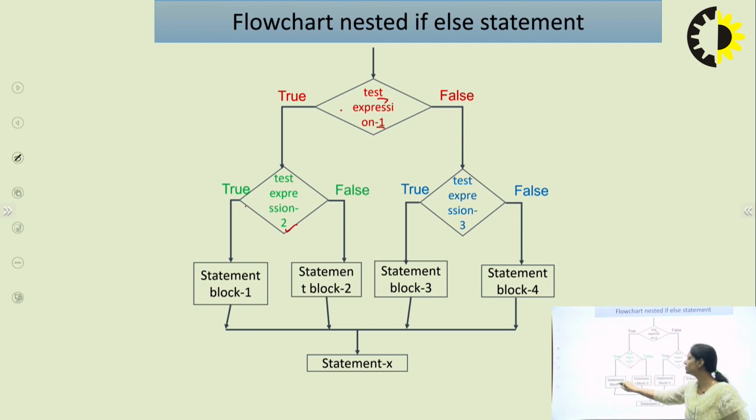When this is true, statement block 1 will be executed, and if it is false, statement block 2 will be executed. Similarly, when test expression 1 is false, again the expression will be checked. If it is true, then statement block 3 will be executed. And if both the conditions are false, then statement block 4 will be executed.